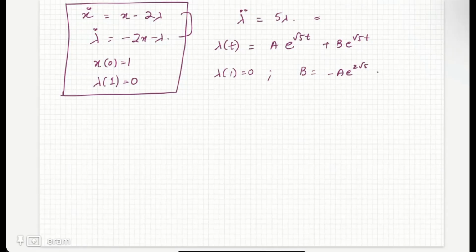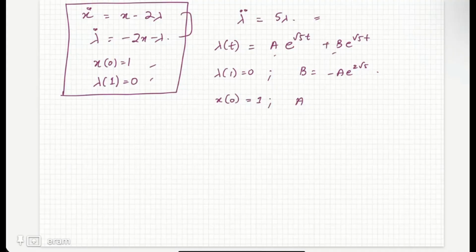And then another condition: since we only need to solve two constants, and these can be solved using these two terminal conditions, and x of 0 is given as 1, that would give us the expression of a.